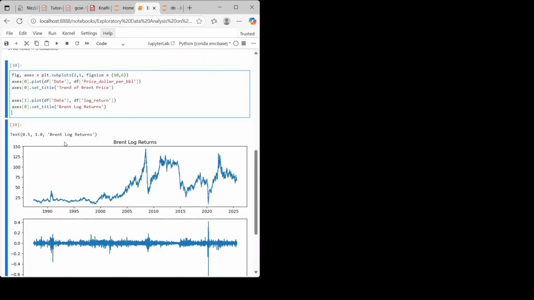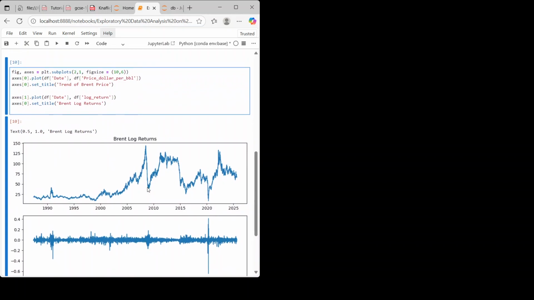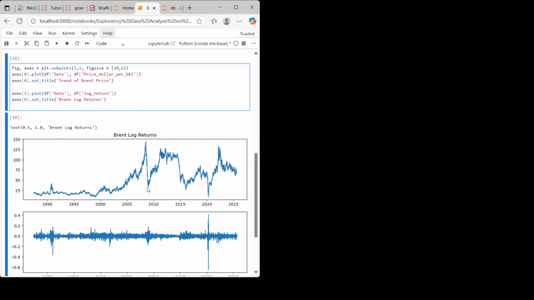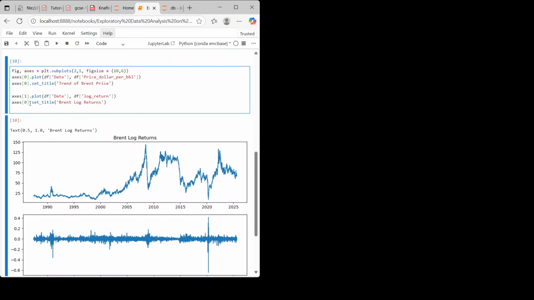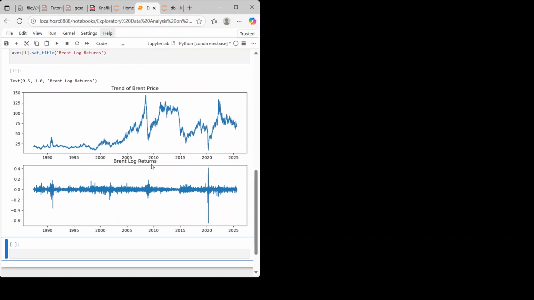So let's do a bit of what can I do here? Print log returns, no. So I made a mistake here. It should be 1. Yeah, I didn't change it. Okay. Yeah. So we still have our brands. So now we can see here it looks like the gap between these two is too close.